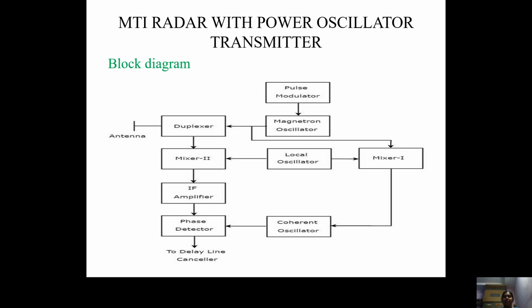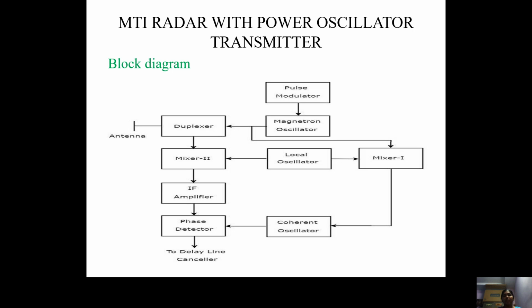Since the duplexer acts as both transmitter and receiver, it contains a single antenna for the same purpose. So the received echo signal from the moving target will be received here at the same duplexer, shifted by the Doppler frequency.